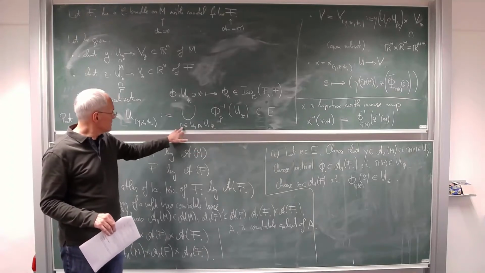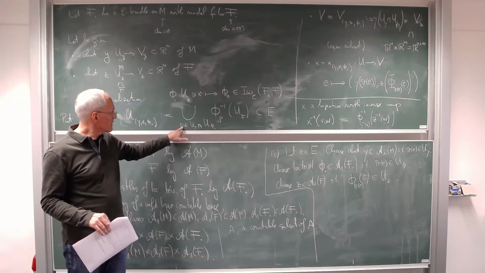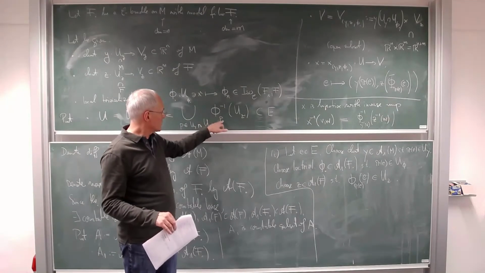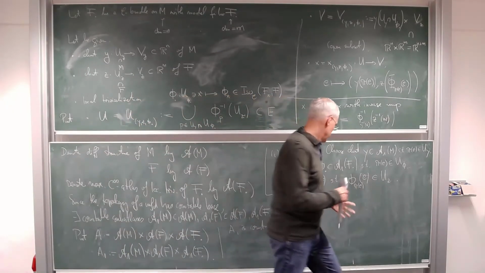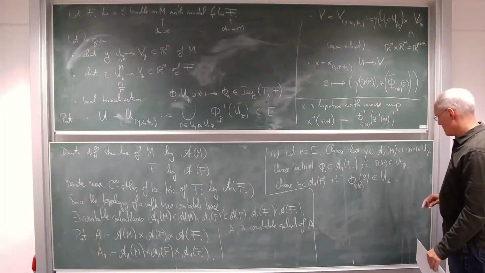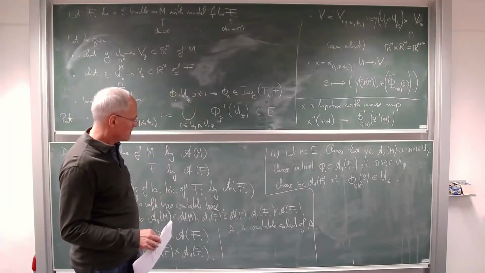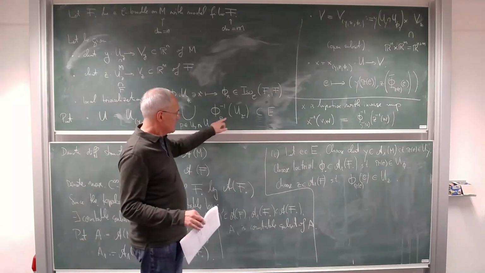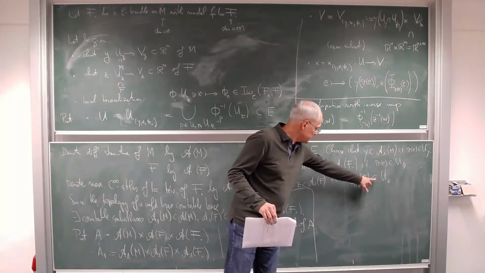So I can look at this for P equals pi of E. Then I see, okay, I can take any point which, when I map it back with the local trivialization, lands in U_Z. And so the image of E satisfies this.